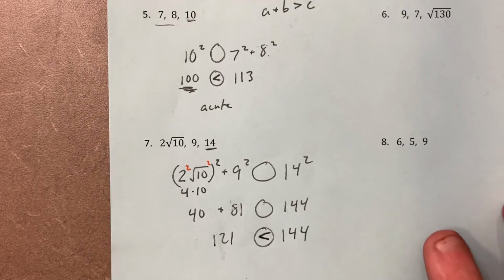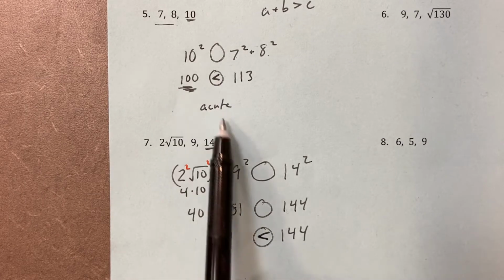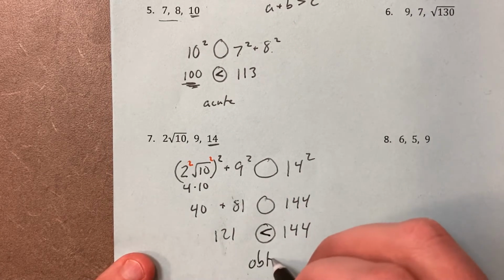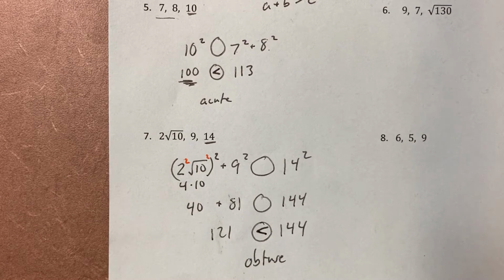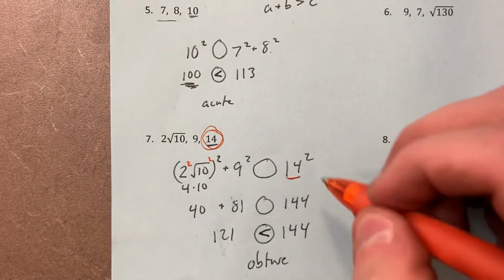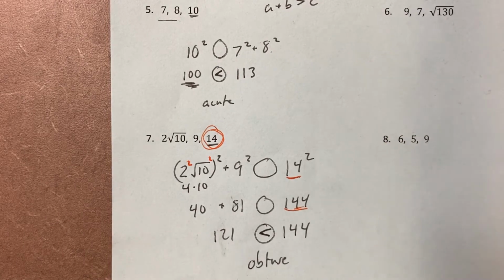Now, up here in this problem, the arrow pointed to the left, and that meant acute. In this problem, the arrow is pointing to the right, and it means obtuse. What's the difference? Well, it's about the largest side. It's about the 14. 14 squared is 196.